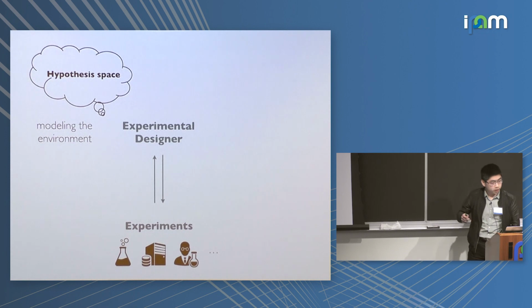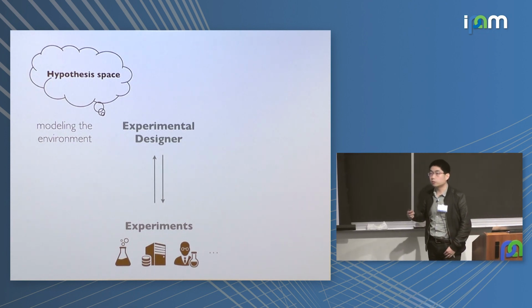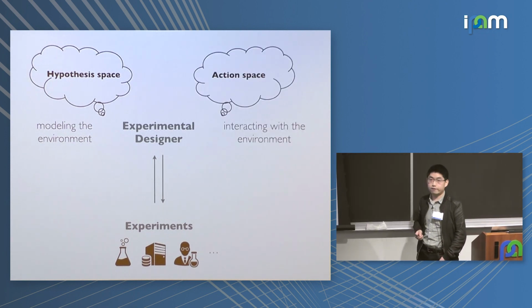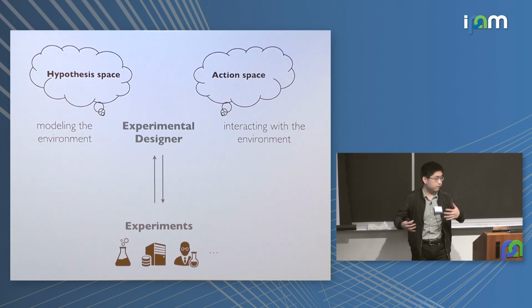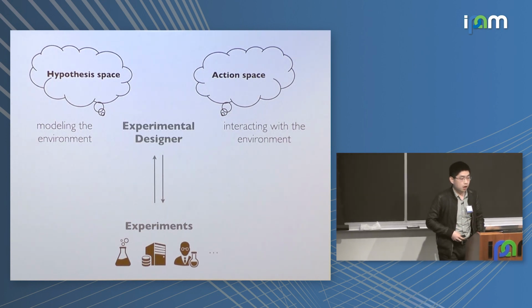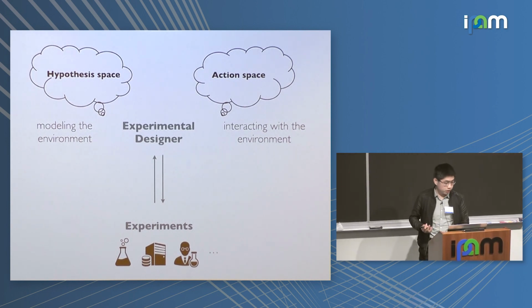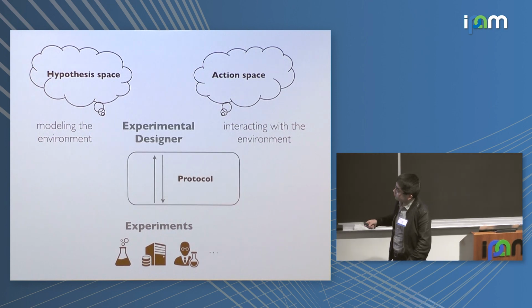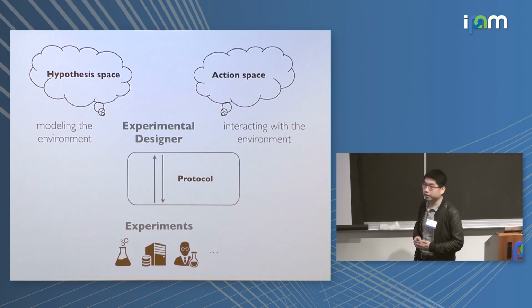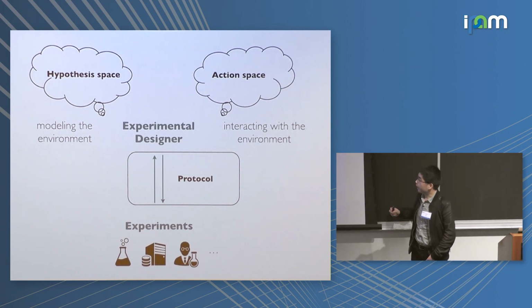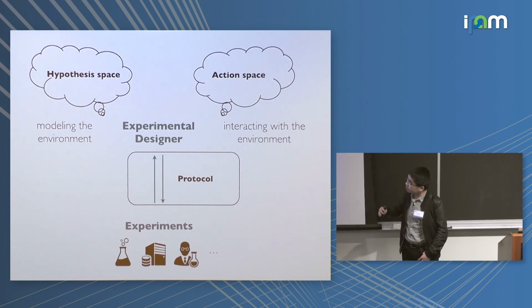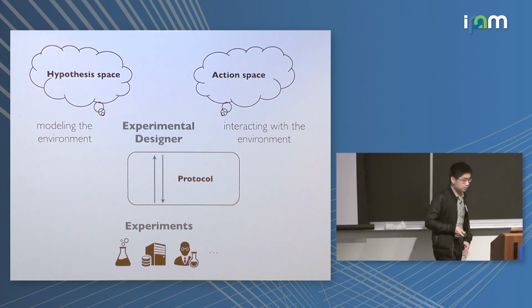And in order for the experimental designer to interact with the environment, we also have to have access to an action space, which embodies this large space of actions that it can perform and to act upon the information that it gathered. Furthermore, in order for the experimental designer to be understood by the physical environment, by the domain expert, we also need to follow some interaction protocol so that the interactions between different modules actually make sense.